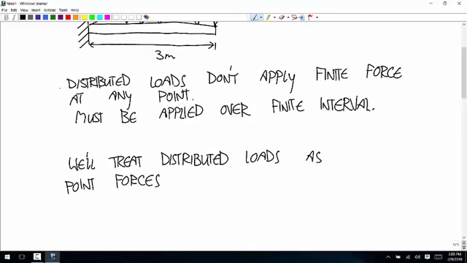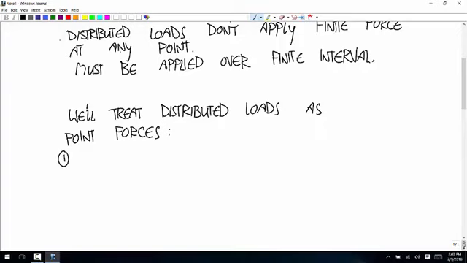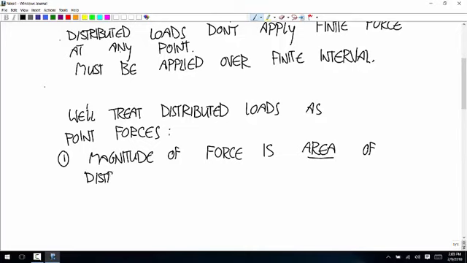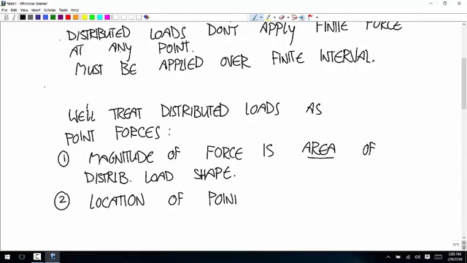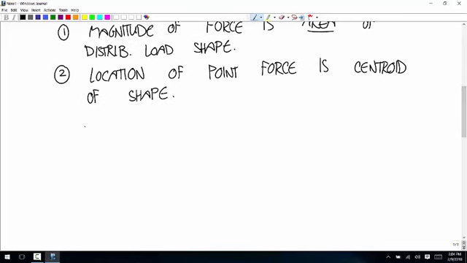And to do that, the magnitude of the total point force is the area of the distributed load shape, and the location of the point force is the centroid of the shape. Okay, so let's use the example above.